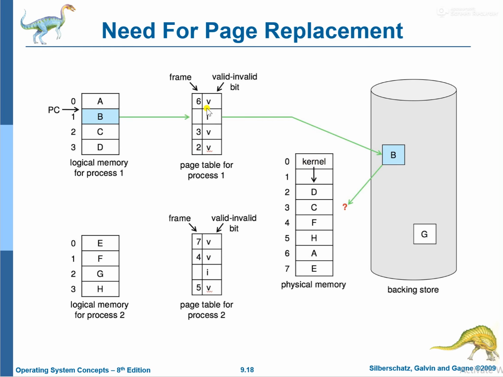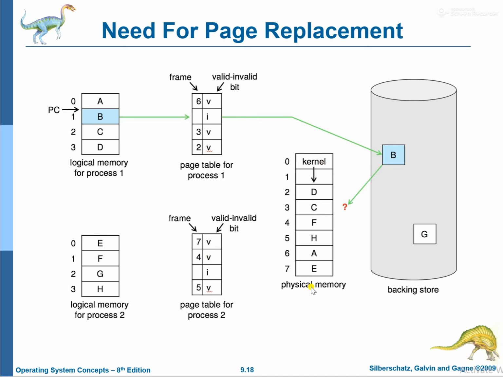So it is invalid, and we find out it is a valid memory reference, but this page is not present in the main memory, so what happens? A page fault occurs. When a page fault occurs, we know that we have to load this page from the backing store into the main memory.